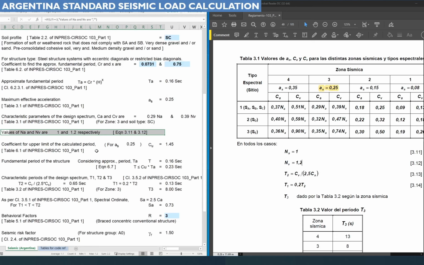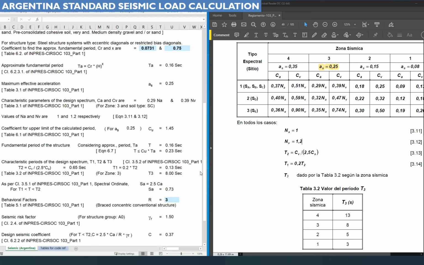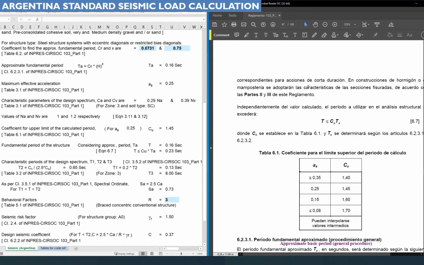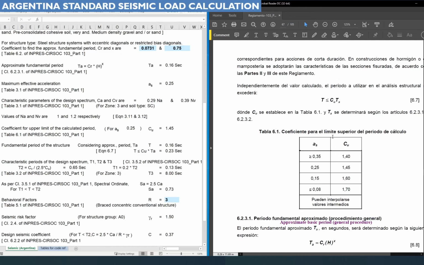So the next one is the coefficient for the upper limit of the calculated period. That we need to consider based upon table 6.1, page number 67 to be referred. Yes, here is the value. In our case the AS value is 0.25, the maximum effective value.